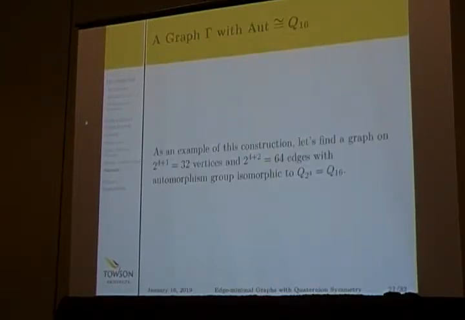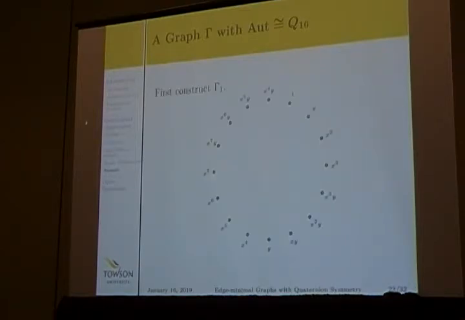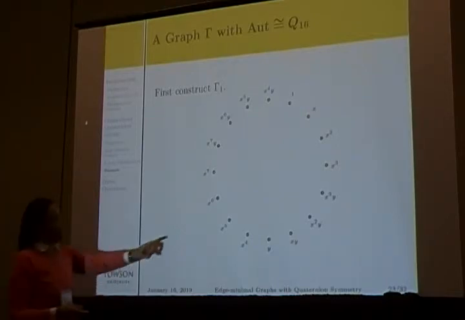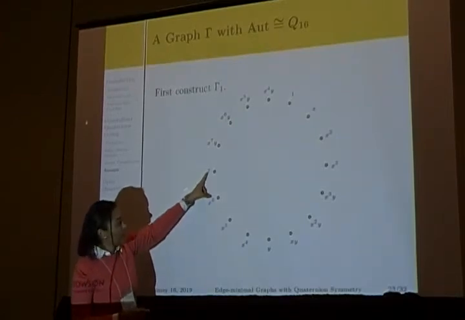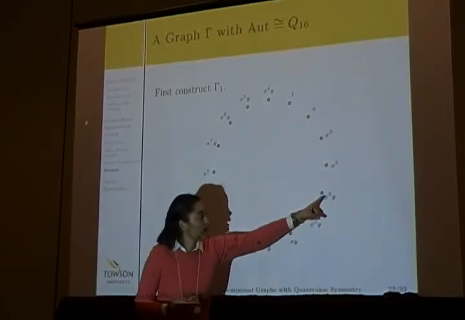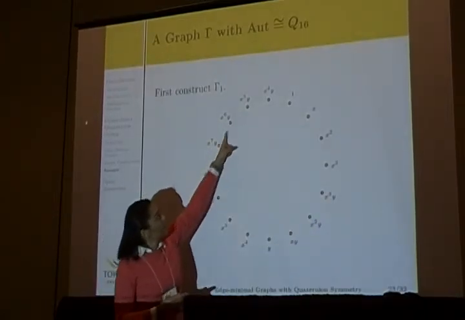Okay, so I have an example of that construction. I just picked n equals 4, so we're looking for 64 edges as part of Q16. This is 1 copy of Q16, so I'll have the powers of x here, and then each of those powers of x times y appear here.